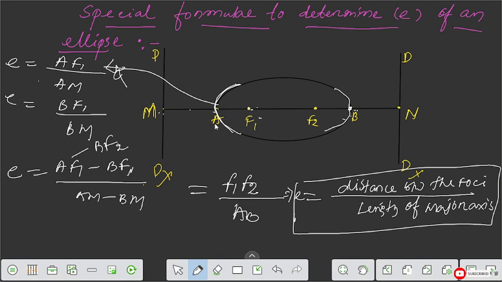Just see, given AM plus BM. As you know, AM is equal to BN, so BM plus BN, which is MN.